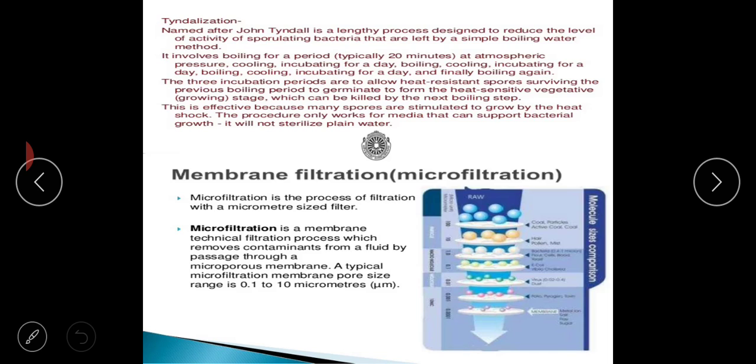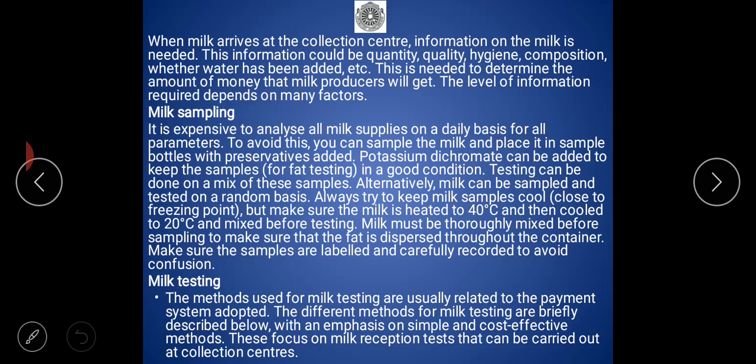It is a membrane technical filtration process which removes contaminants from a fluid by passage through a microporous membrane. A typical microfiltration membrane pore has a size range of 0.1 to 10 micrometers. So this is the picture wherein you can see the microfiltration of the collected milk.